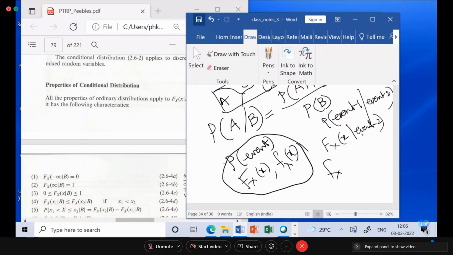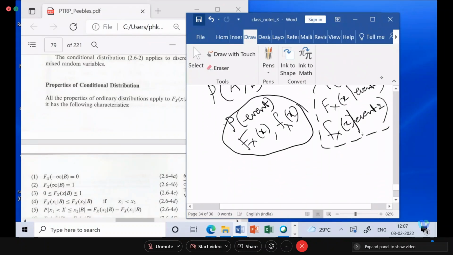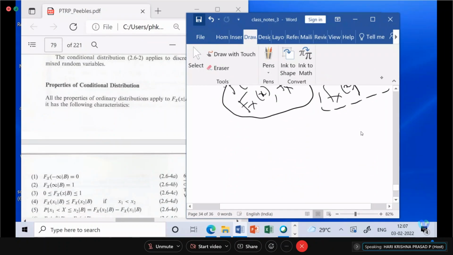Similarly, there should be a conditional distribution function for the conditional probability. It is a logically satisfying argument, right? That is what we are going to discuss.